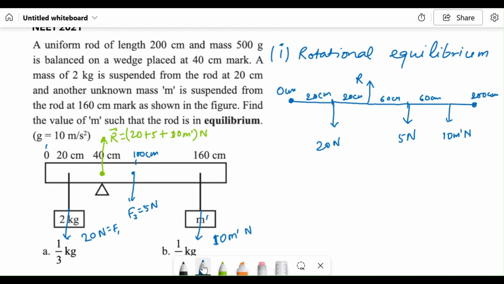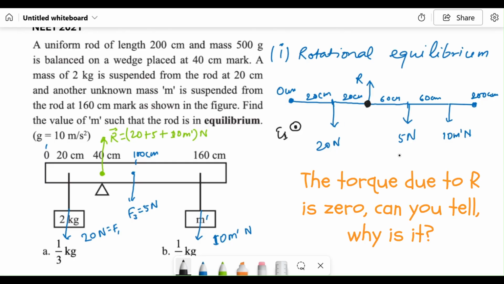Okay, now we are free to choose the point about which we can take torque because we know torque is independent of choice of reference point. So it will be better to choose here. At this point, we are choosing reference, and about this point, we are going to take the total torque. So about this point, due to this force, let's say there is a torque tau 1, and the direction of this torque will be perpendicularly outward to this plane in which this screen is lying.